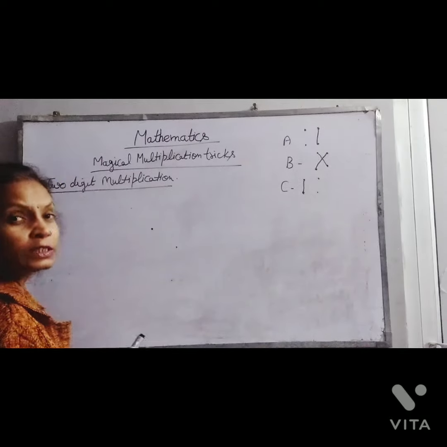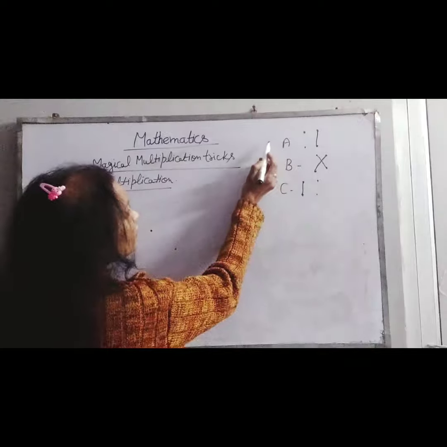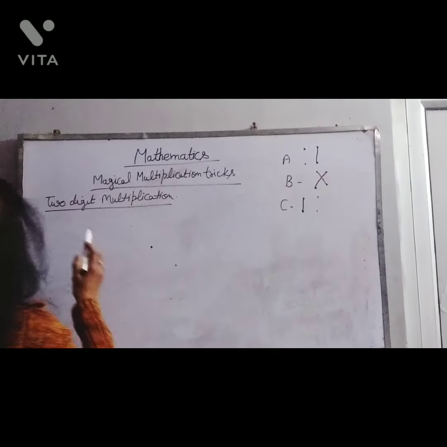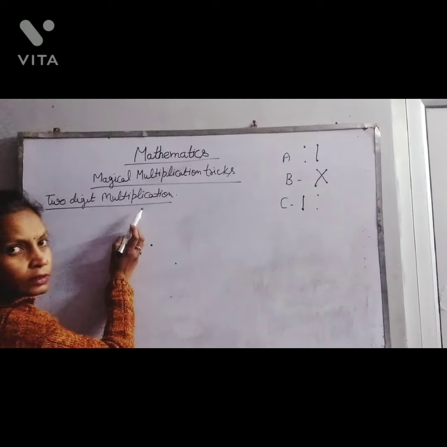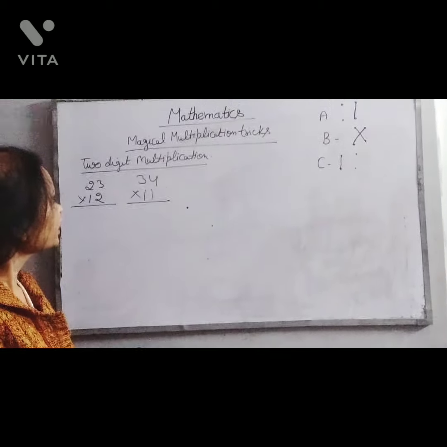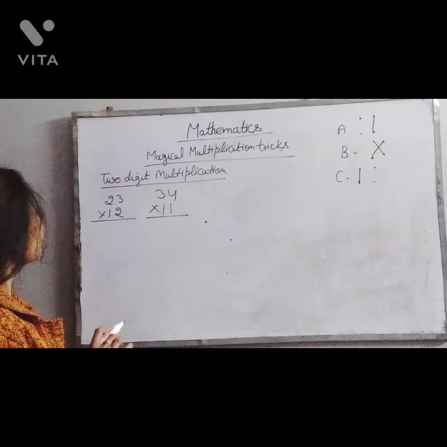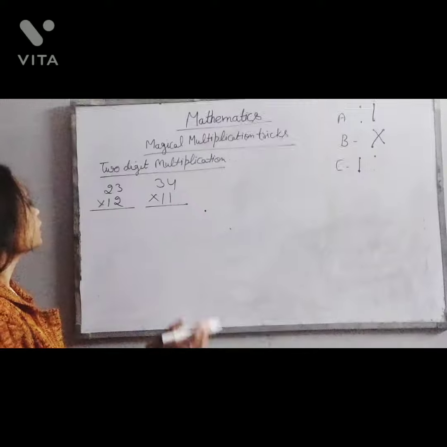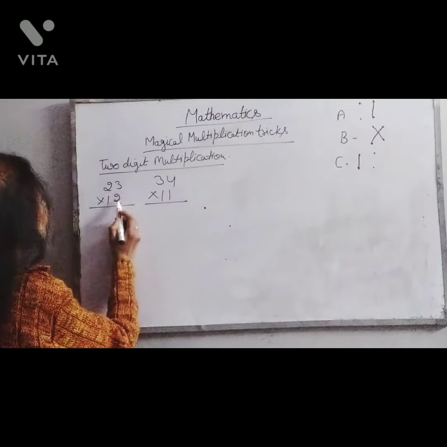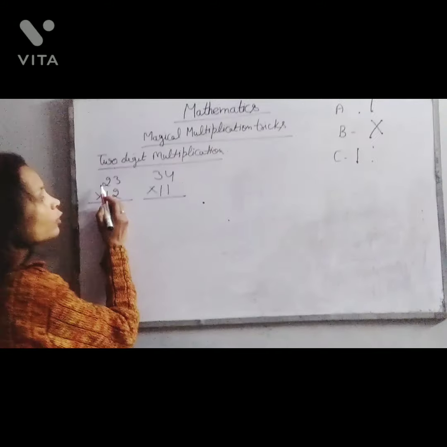See, for this magical trick, first of all, you have to follow this pattern. This pattern is for 2-digit multiplication. Generally, our teacher tells us in school that for 2-digit multiplication, first we multiply 2 with 3, then 2 with 2, next 1 with 3 and 1 with 2.